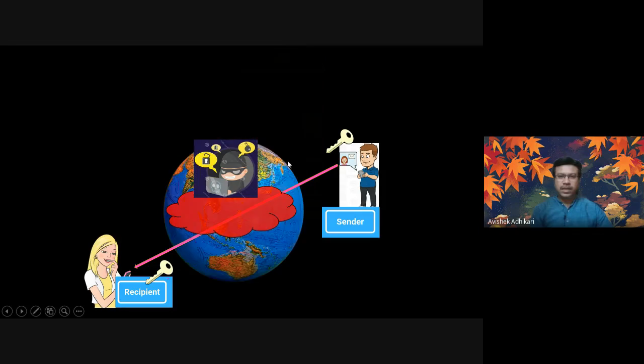But if both the sender and the receiver are staying on opposite halves of the world, and they do not have any secure channel, then the question is how these two keys can be combined, or how they are going to use the common keys. So that was a problem.